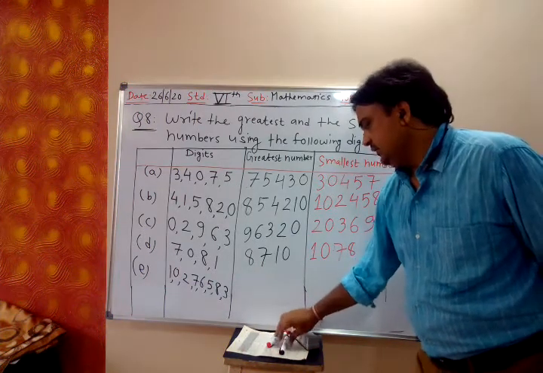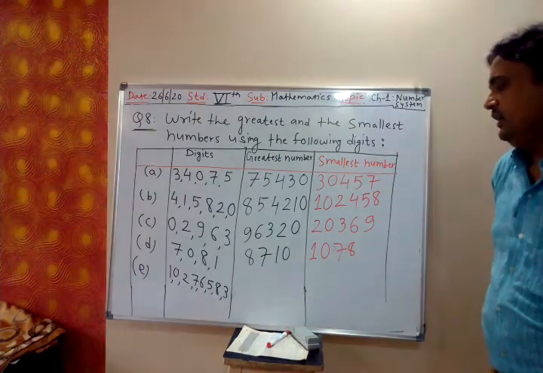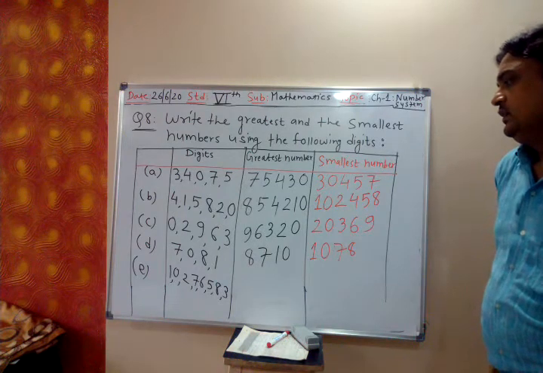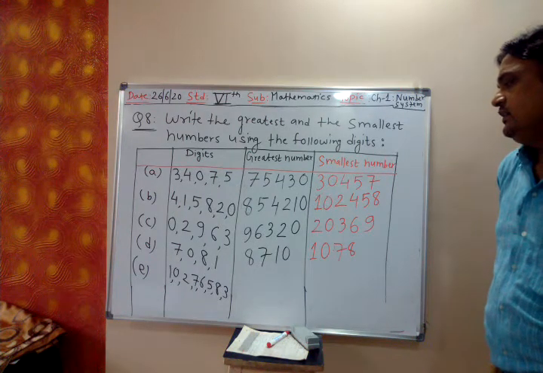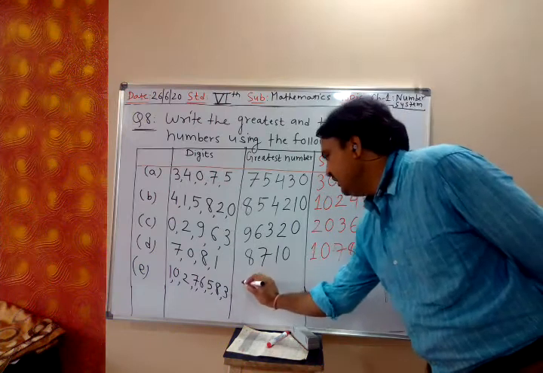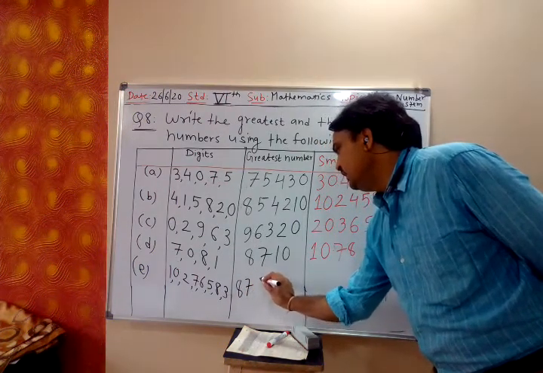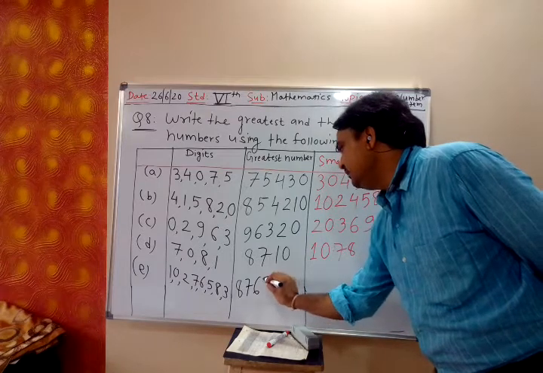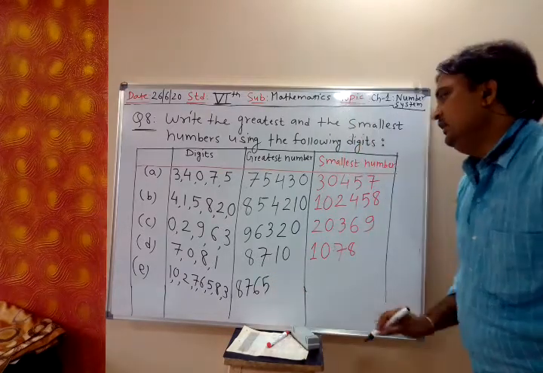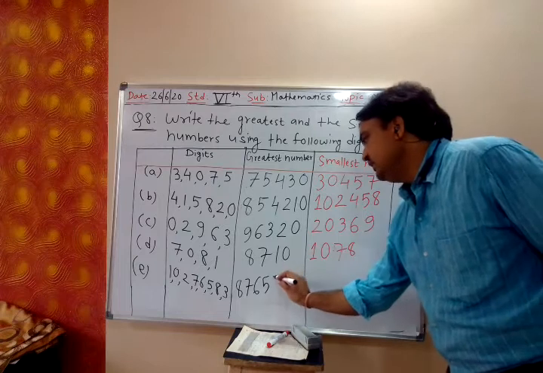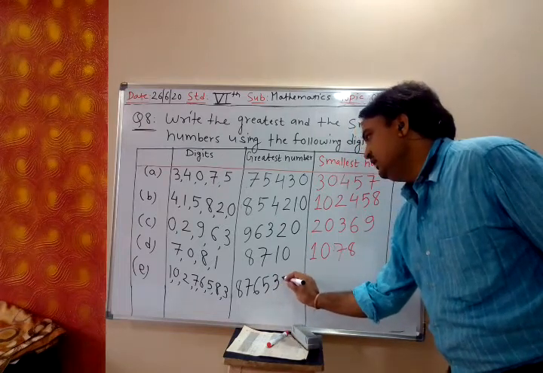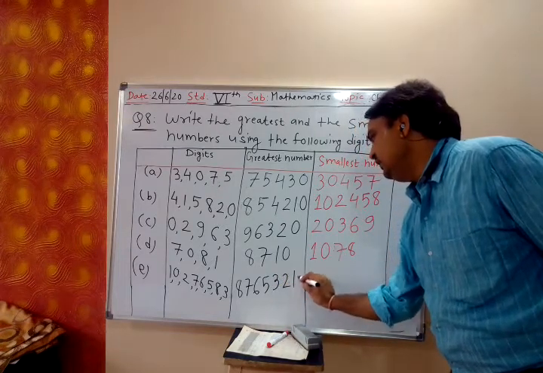Now for the greatest with 1, 0, 2, 7, 6, 5, 8, 3: I will start with the greatest digit 8, after 8 comes 7, then 6, then 5, then 4 is not there, then 3, then 2, then 1, then 0.